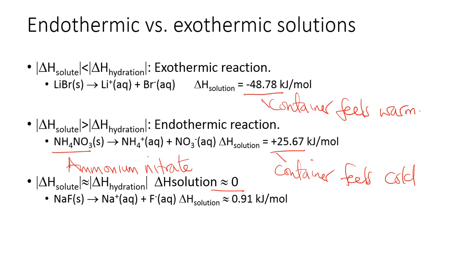One example is if you dissolve sodium fluoride or sodium chloride, the enthalpies will be close to zero, because in that case the energy of hydration is equal to the energy of solute. So this is the introductory part of chapter 13, that is, solution.